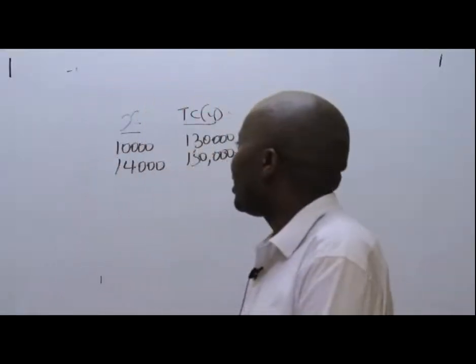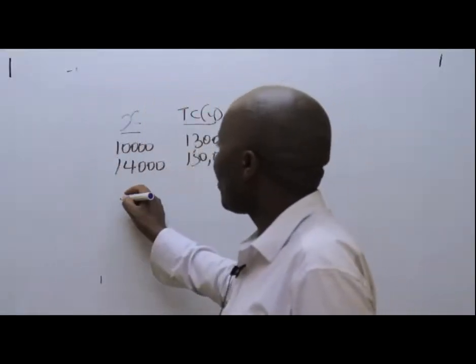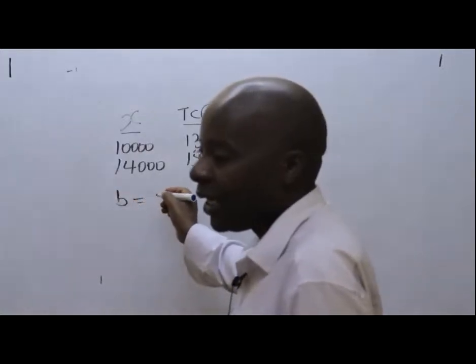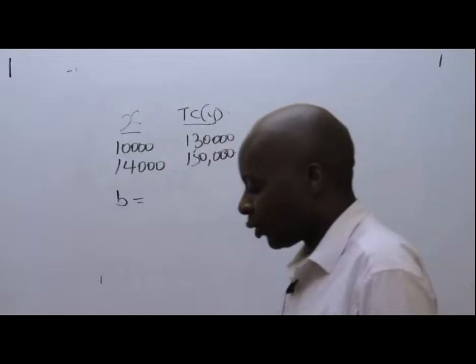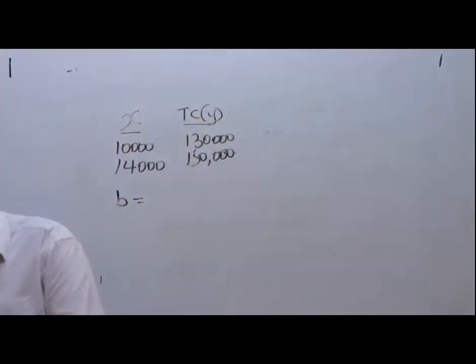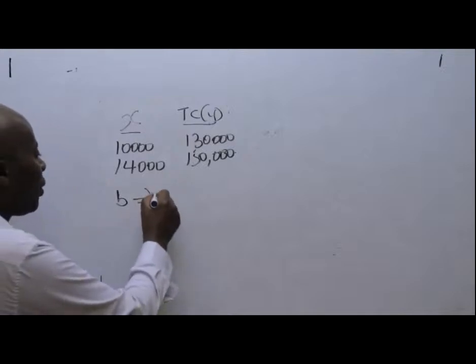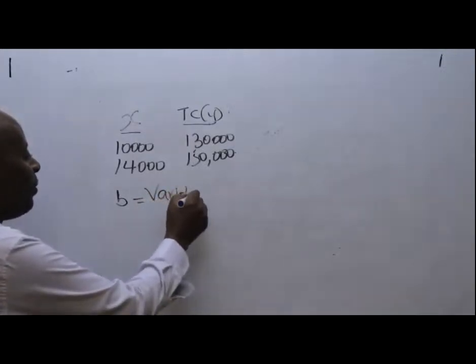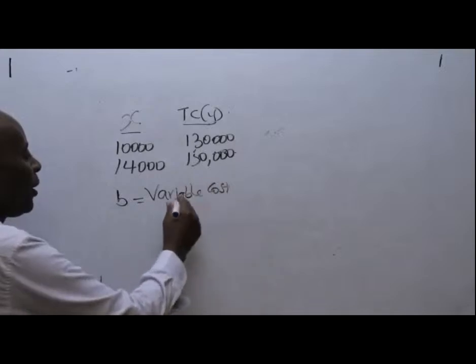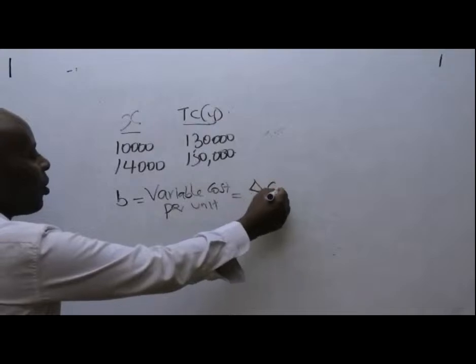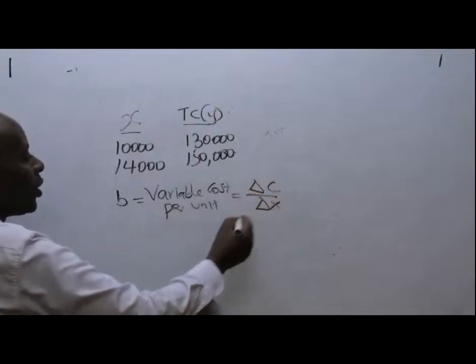So how do I get the gradient? The gradient, which is my b, will automatically be my variable cost per unit. Variable cost per unit will be equal to change in cost all over change in x.